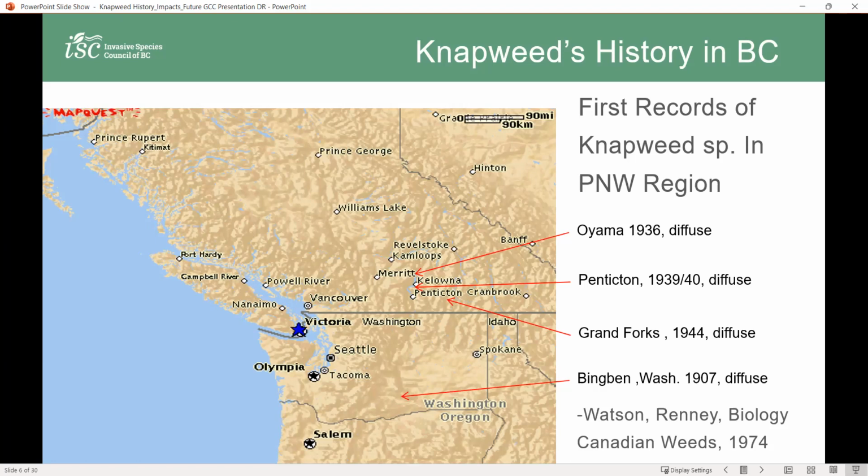Nanaimo was a very big coal producing area of British Columbia in the late 1800s, early 1900s. And that was a good spot for the knapweed to start, when they unloaded the soil from the ships to take on coal or lumber.